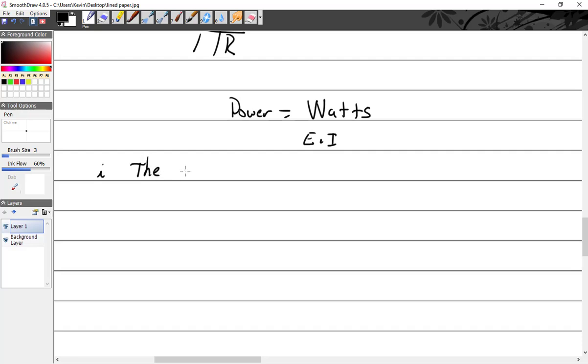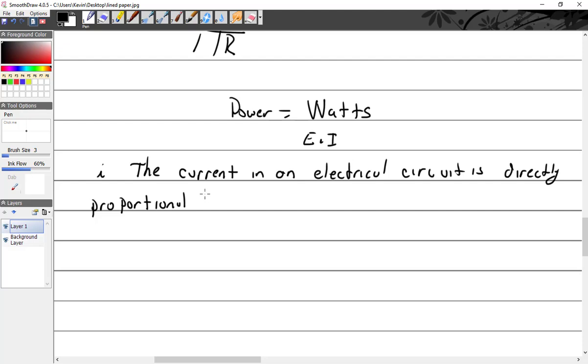The current in an electrical circuit is directly proportional to the EMF, which is the same thing as what? Okay, voltage.